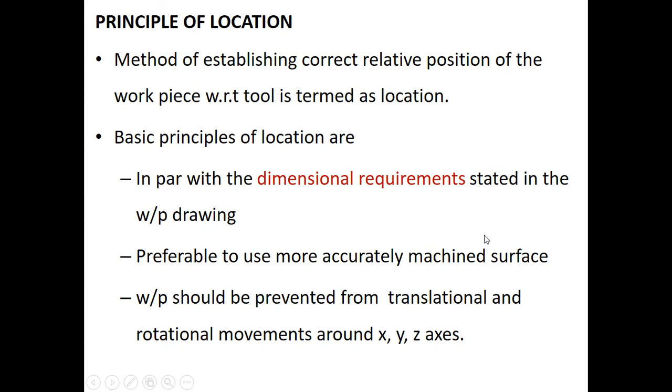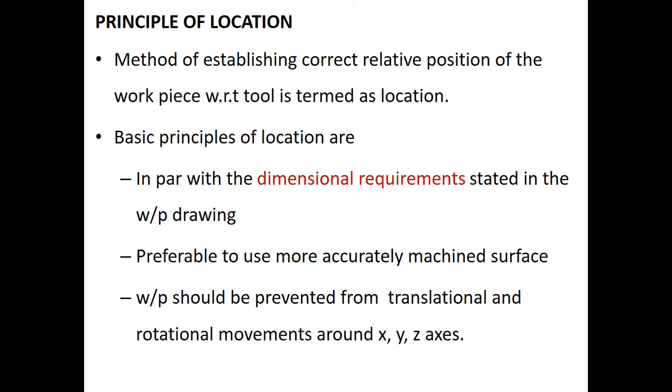Next, while we discuss in detail the different jigs and fixtures, we need to understand one important aspect under this, that is the principle of location. The principle of location means the method of establishing the correct relative position of the workpiece with respect to the tool.